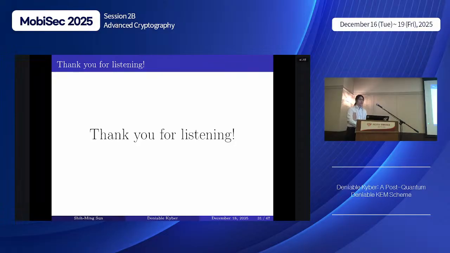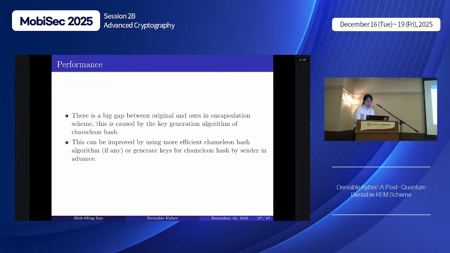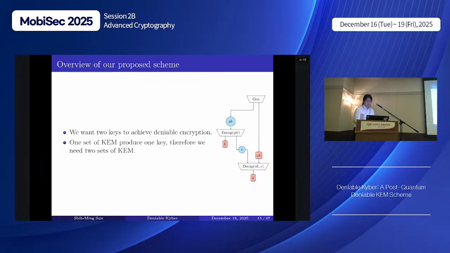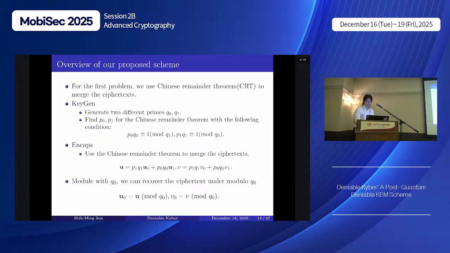So you use the Chinese remainder theorem in your construction, and you said that it is safe even if integer factorization is solved. Could you go back to the Chinese remainder theorem slide?